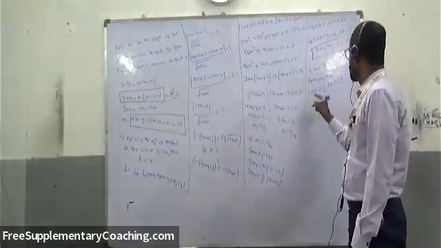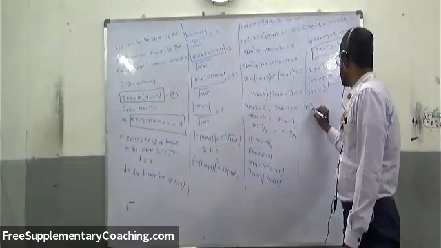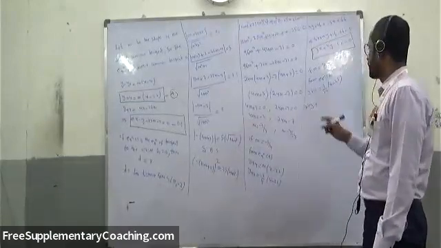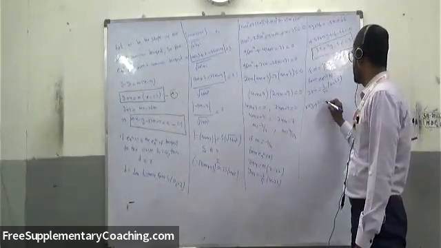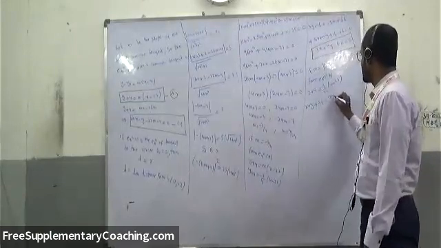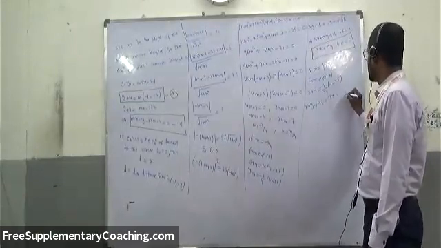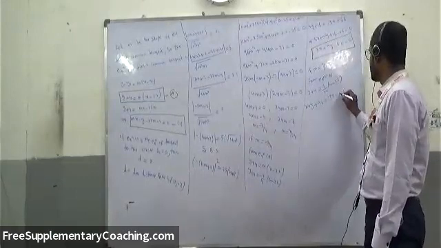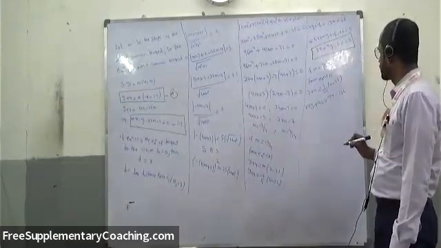Multiply by 24: 24y plus 24 into 4, 96, is equal to 7x minus 7 into 22, which is 154.